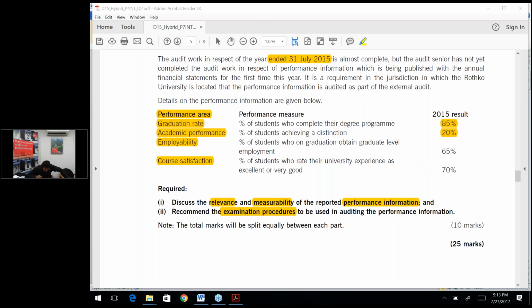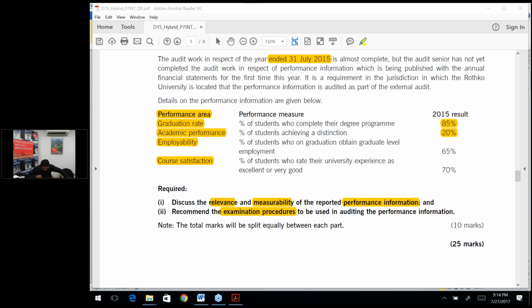Darwin, I don't think we will be able to do it. Yes, ISA 3000 is the general ISA. Bilal Qasim, we will discuss the ethics tomorrow.